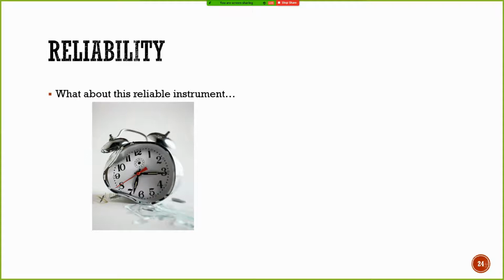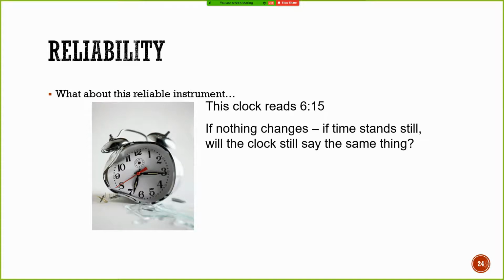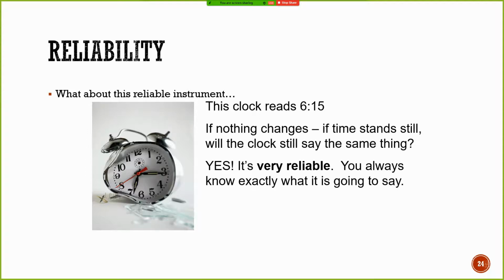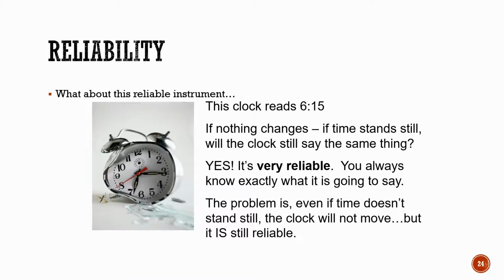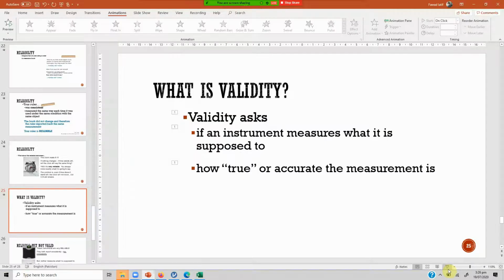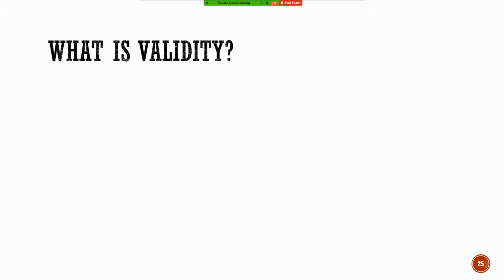For instance, let's say there is a wall clock or an alarm clock. The clock reads 6:15. If time stands still, will the clock still say the same thing? Yes, it's very reliable. The problem is, even if the time doesn't stand still, the clock will not move. But is it reliable now? So that was reliability, consistency.